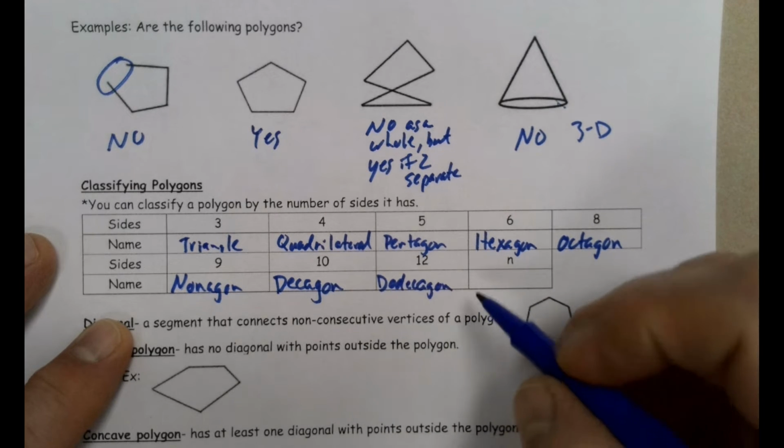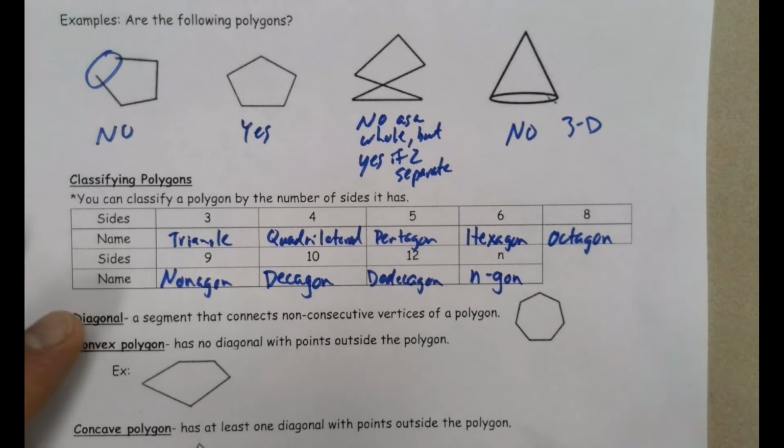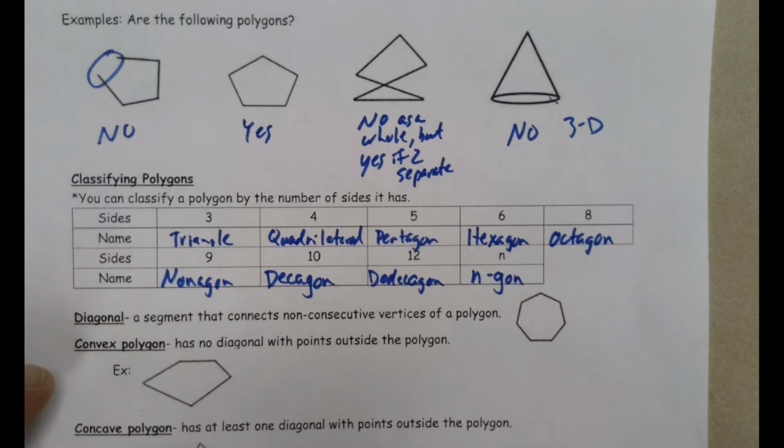N, we could call that an n-gon. Basically, n represents any number of sides. So if it was a 30-sided figure, we'd call it a 30-gon.